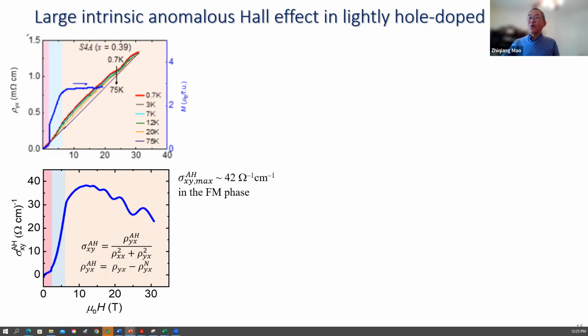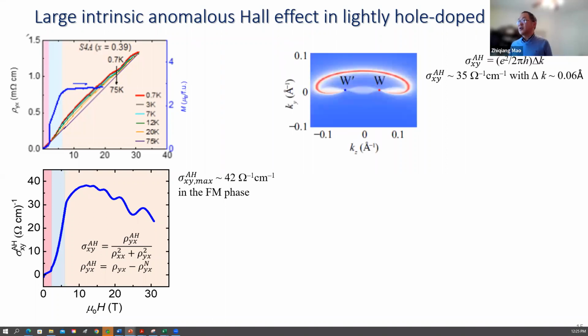The linear background is from the normal Hall contribution. Then we extract the anomalous Hall resistivity, and use this equation to convert it to anomalous Hall conductivity. In the ferromagnetic state, the maximum value reaches 42, which is pretty close to the theoretical predicted value.